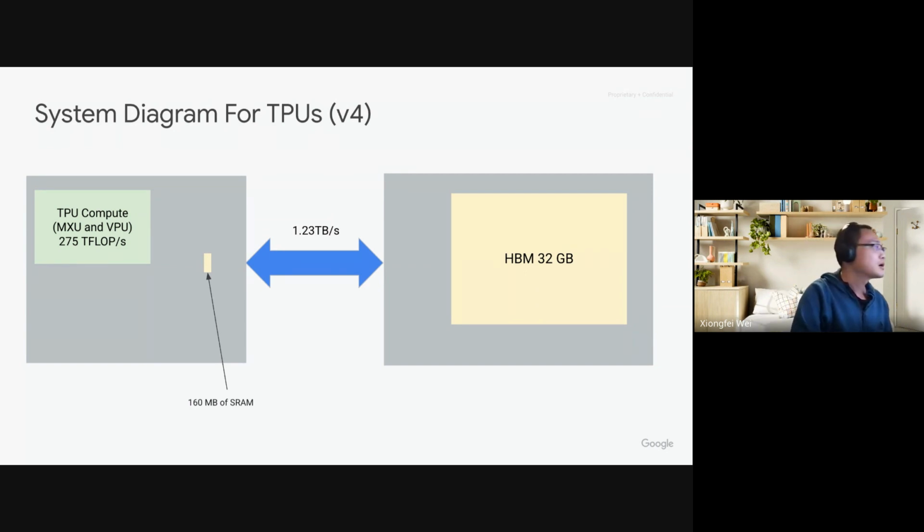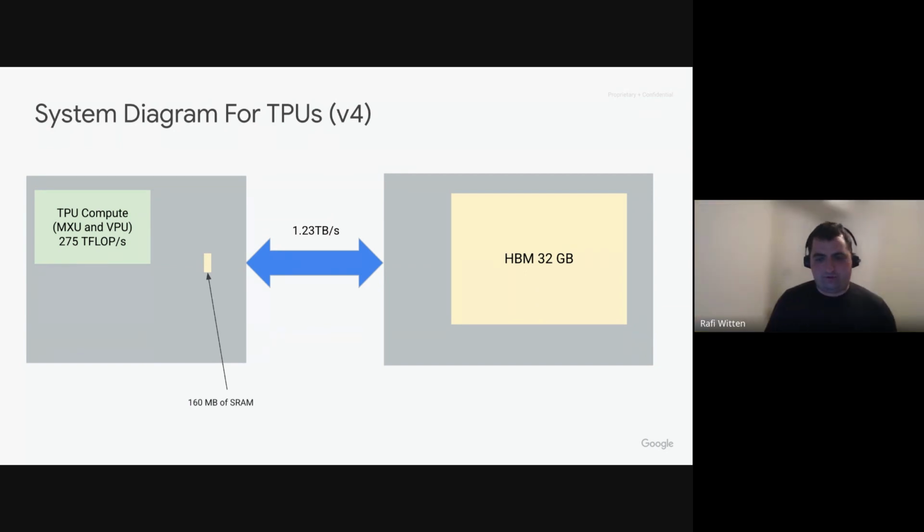Yeah, okay. So why is all of our memory so far away? These are two separate processes manufactured in two different factories that are connected by what's called a silicon interposer. And the SRAM, yes, you can put more SRAM on the chip, but it costs on the order of 100 times as much. So we have some SRAM on the chip using one chemical process.